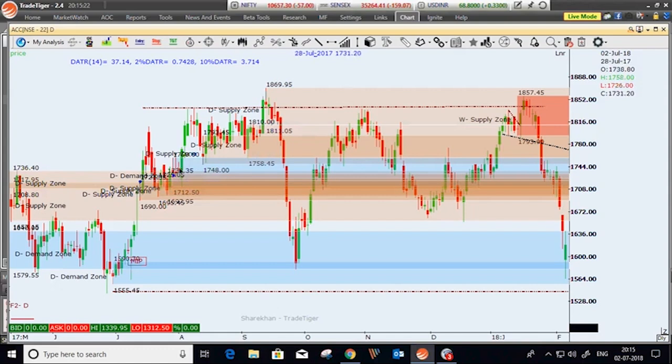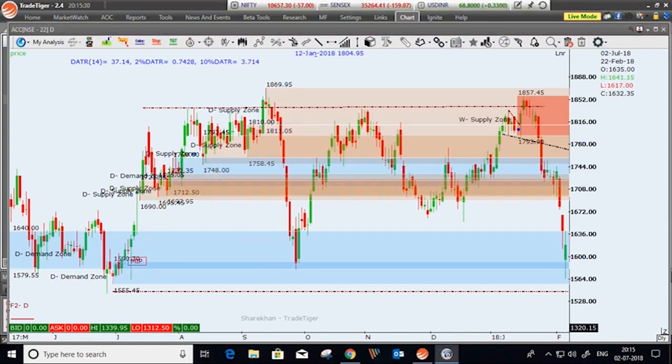So tell me, friends, out of all these zones, which one is authentic here? Can somebody tell me which one is authentic? I have zone 1, 2, 3, 4, 5 and 6. Which one is authentic here?